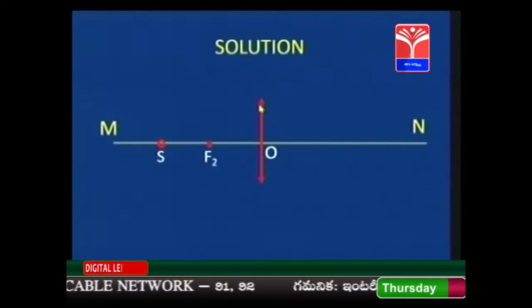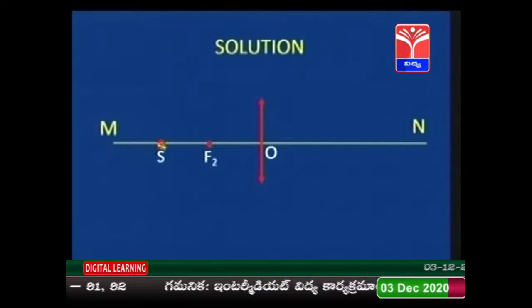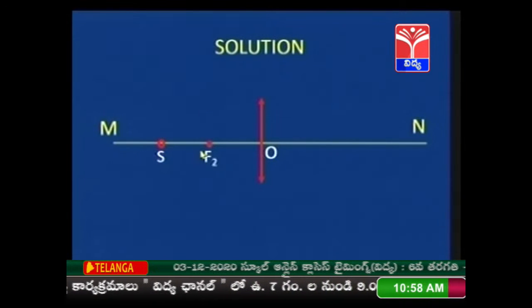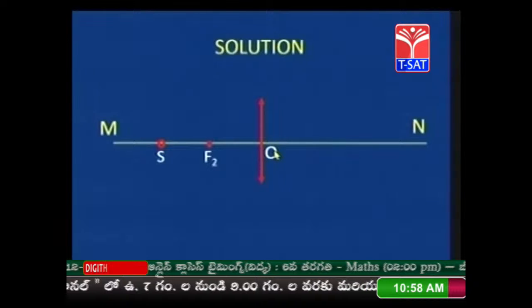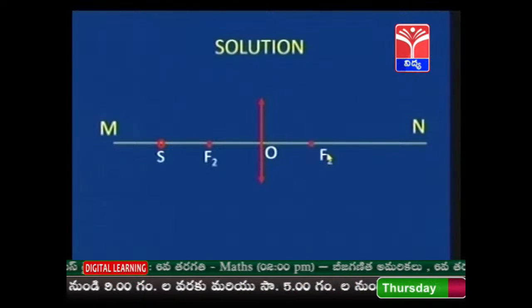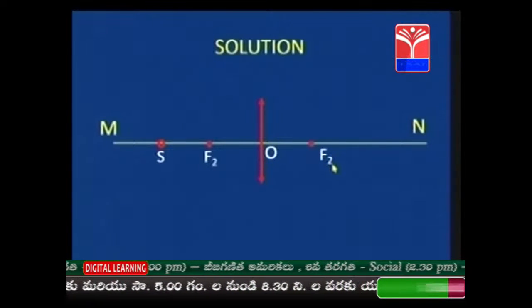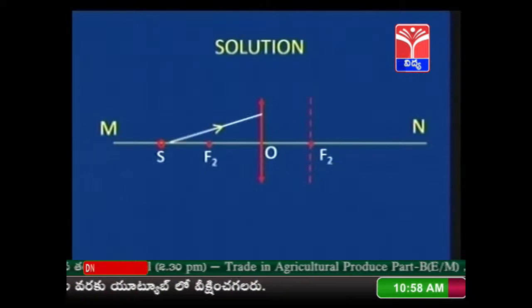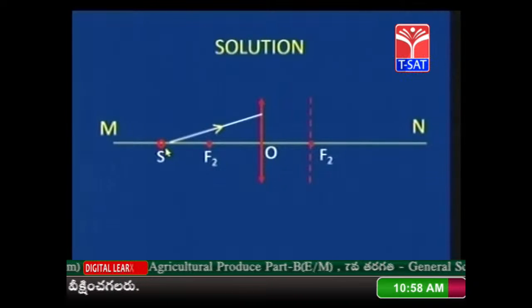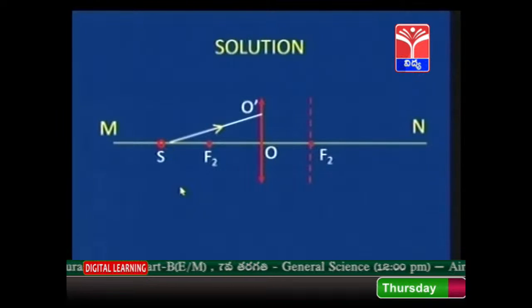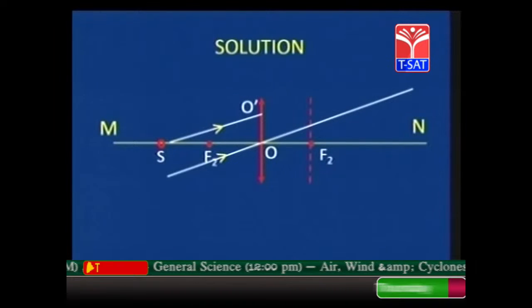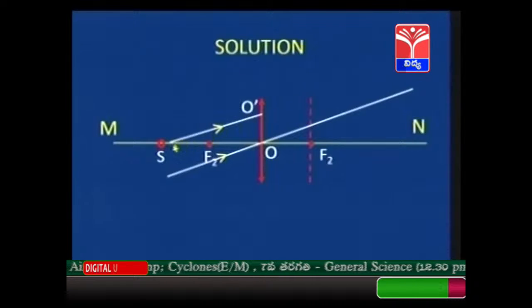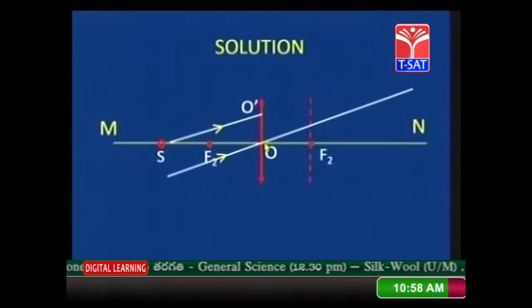In this picture, this is a convex lens and MN is the principal axis, S is the point source, F2 is the focus, and O is the optic center. Draw a normal to the principal axis at F2 and take a light ray which is passing from the point object at O dash, and draw a parallel line to this line which is passing through the optical center.